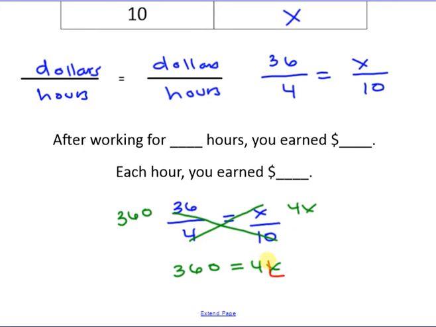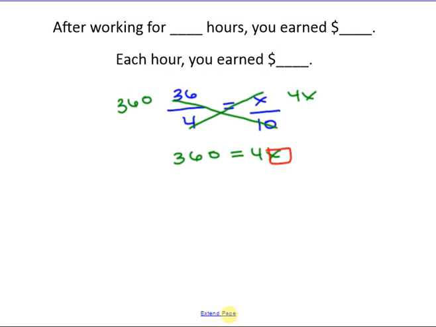Box the variable. Divide by 4. Divide by 4. These cancel. Bring down your X. Bring down your equals. 360 divided by 4 is 90, but flip it around. X equals 90.